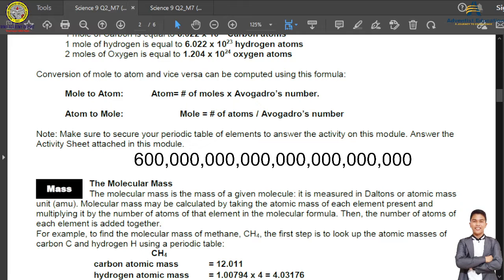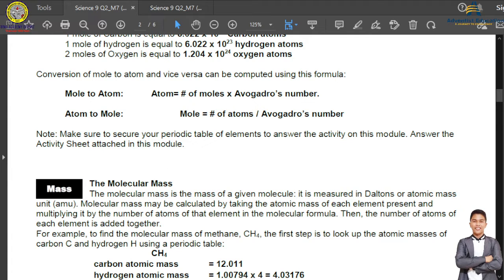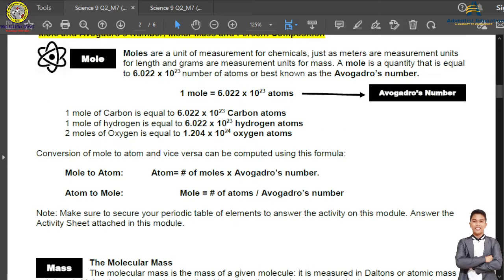I want you to remember that because in all our discussion for this topic, we'll be using Avogadro's number. Don't worry, because you have the equation or formula that we'll be using. You have to remember that 1 mole of whatever element is equal to 6.022 times 10 to the 23 atoms.